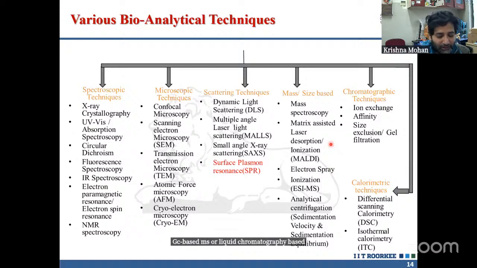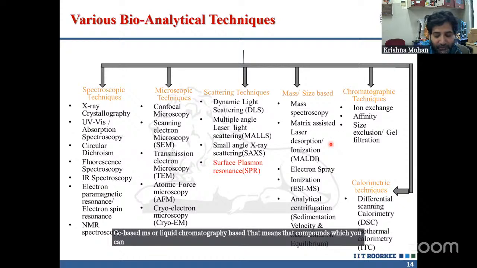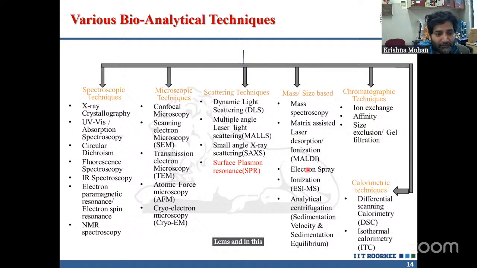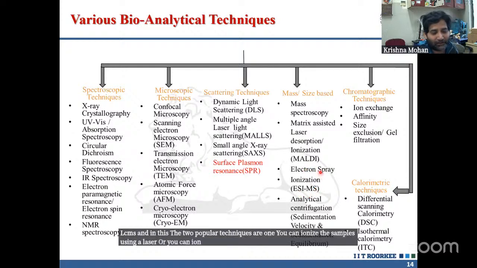Volatile compounds can come into the gaseous phase and you can use GCMS, or in the liquid, it is LCMS. And in this, the two popular techniques are: you can ionize the samples using a laser, or you can ionize the samples using electrospray.